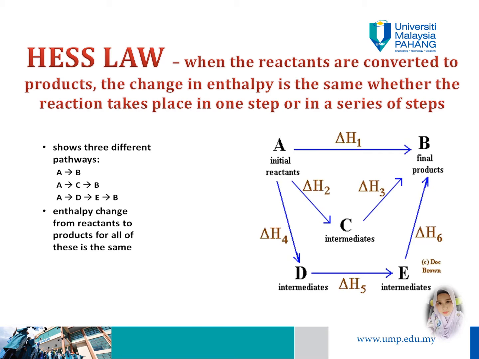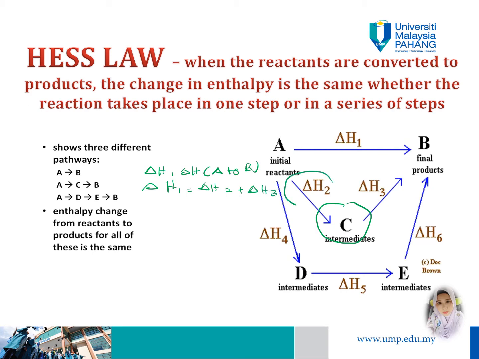In other words, if we can break down the reaction of interest into a series of reactions for which the delta H of reaction can be measured, we can calculate the delta H of reaction for the overall reaction. From the figure, we can see that there are 3 different pathways. First is directly from A to B, so delta H1 is equal to delta H from A to B. Secondly, we have an intermediate C, where delta H1 is equal to delta H2 plus delta H3.